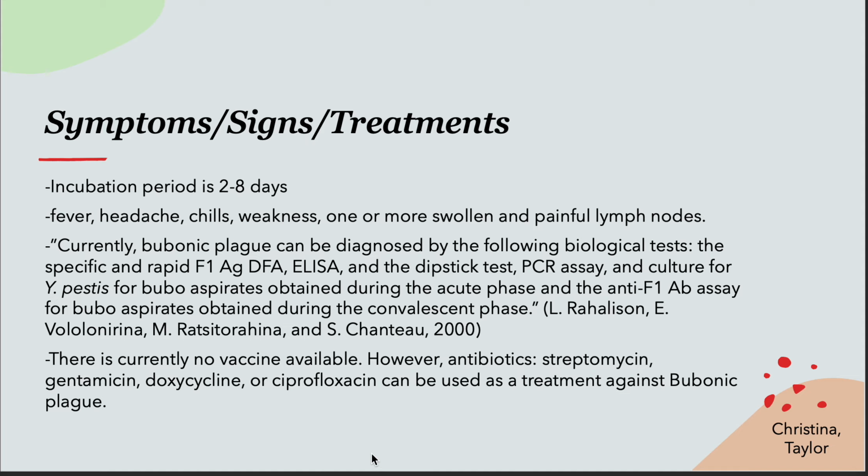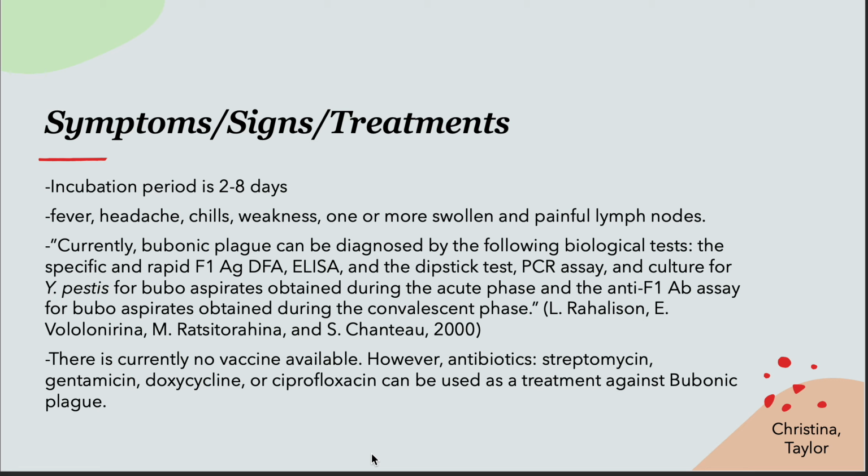Signs and symptoms and treatments for the bubonic plague. The incubation period is 2 to 8 days. Signs and symptoms include fever, headache, chills, and 1 or more swollen and painful lymph nodes. Currently, you can be diagnosed with the bubonic plague by multiple different tests.